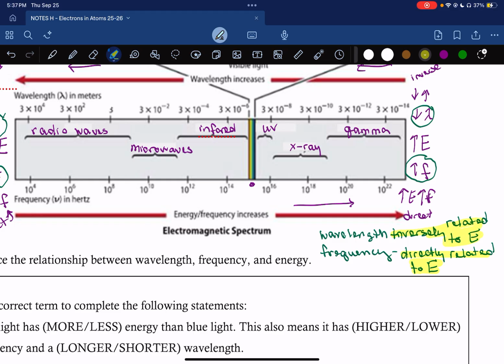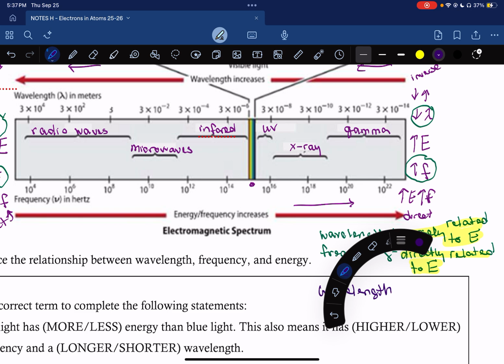And if both of those things are true, then we know that wavelength must also be inversely related to frequency.